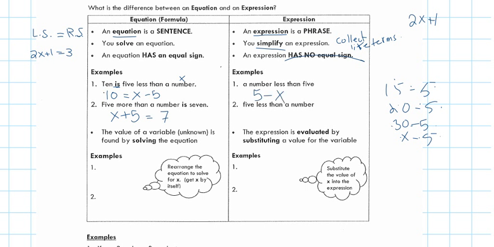Now, 5 less than a number. What's your number? x. And then you're taking away 5 from it. But you see how this is just an expression, right? This is just a phrase. This is not a complete sentence with a verb and a period. Do you see the difference?